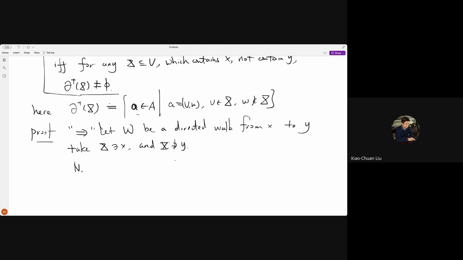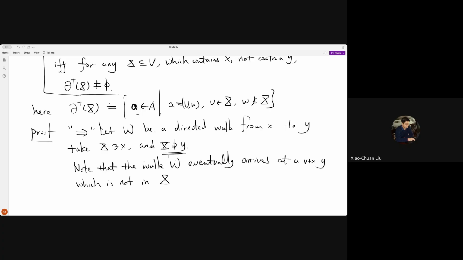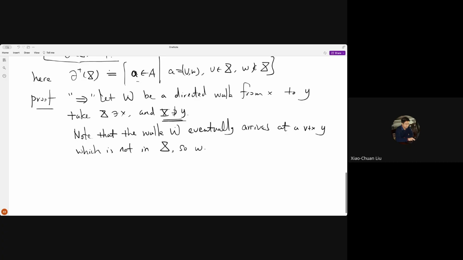Let's say, note that the walk W eventually arrives at a vertex y which is not in the set. Actually, if we follow the walk W, there is a moment, a last vertex.